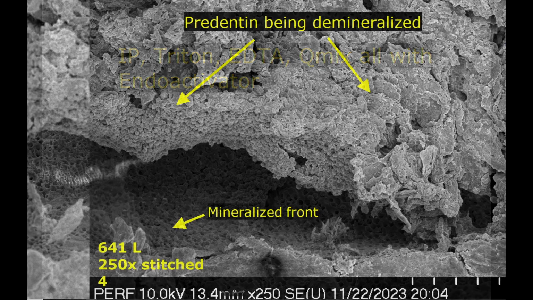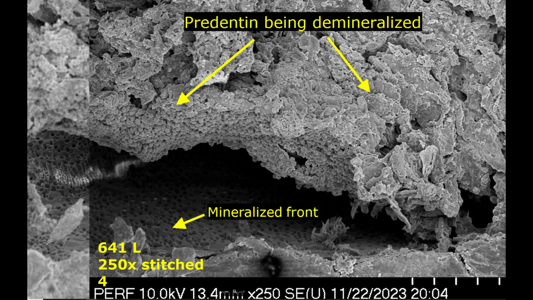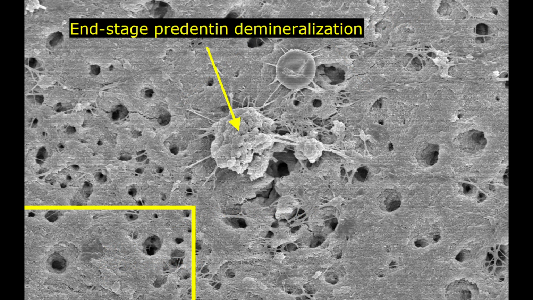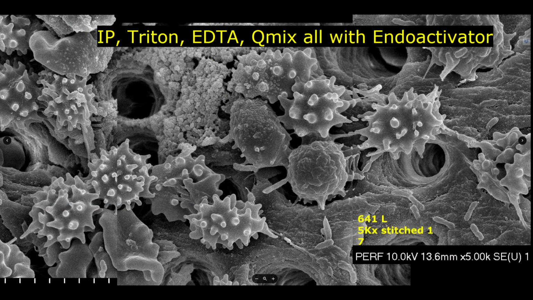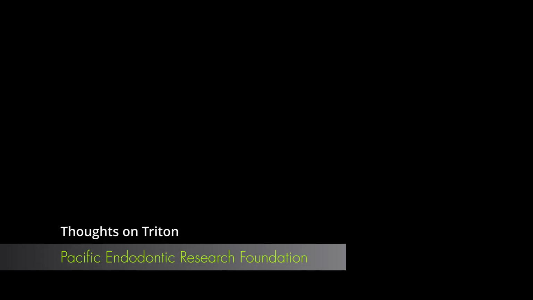So somehow when the predentin is being demineralized, it leaves these structures as an effect of the predentin demineralization. So that's my supposition. I'm trying to reason through this just like everyone else. These structures are very unique, but that's my supposition. I'm open to a different opinion if someone has some other ideas.